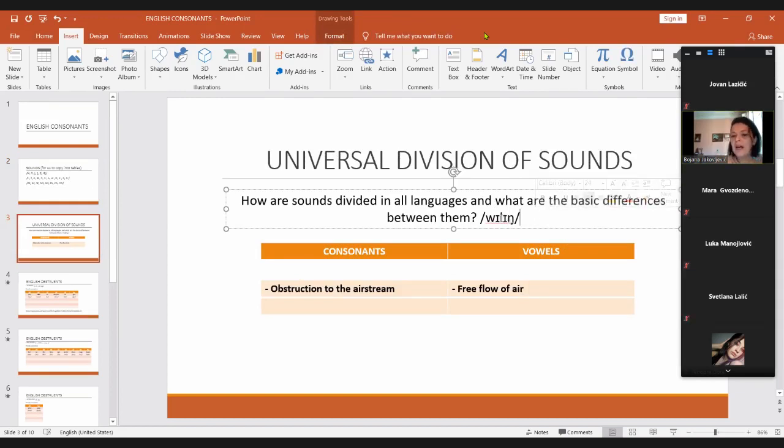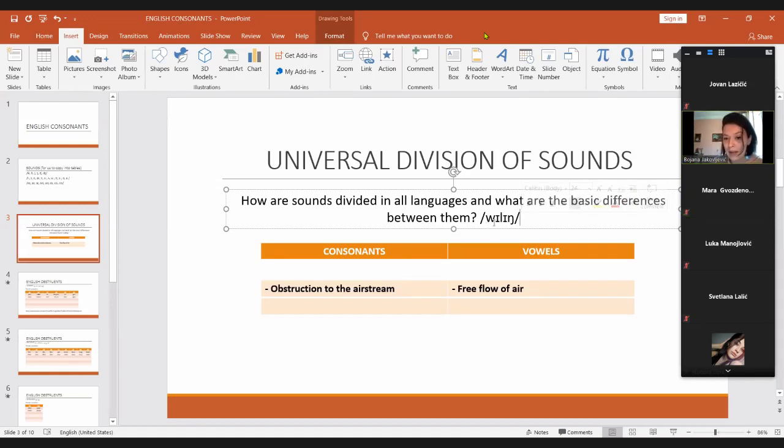Okay. So in this word here, this is the symbol for short I in English, by the way. We will talk about vowels next time. So how many syllables do you have in the word willing? Two. And how many vowels do you have in the word willing? Also two.